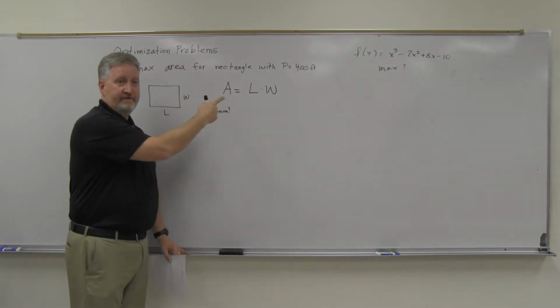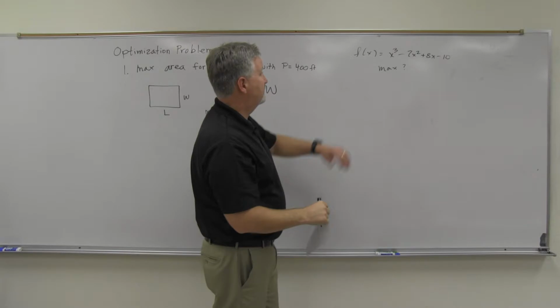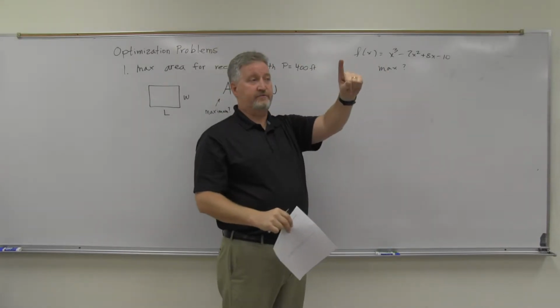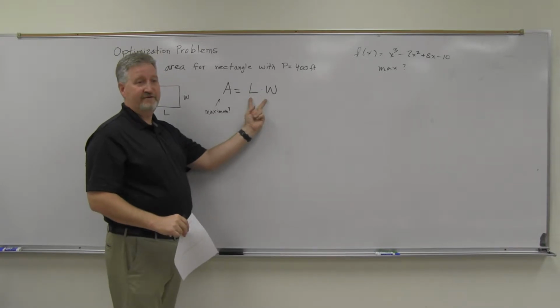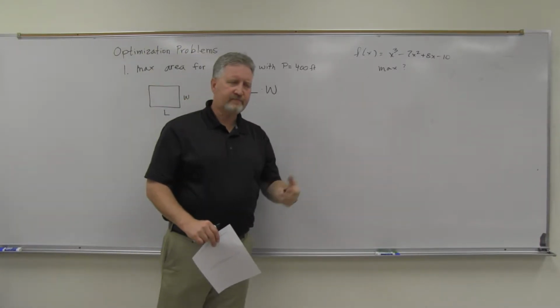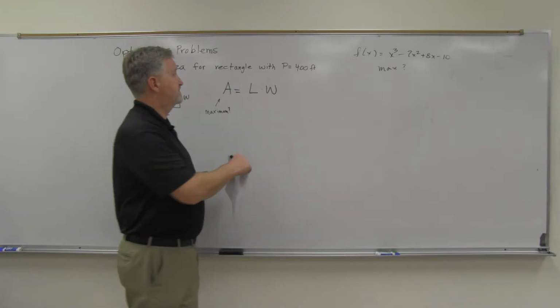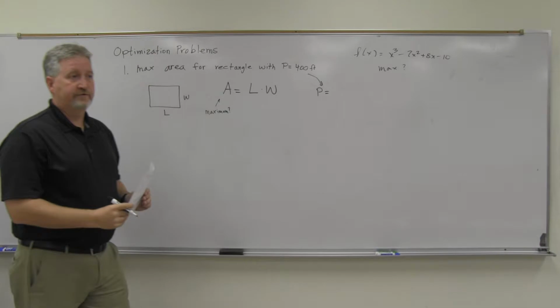Now the problem is I just know right now how to do critical numbers with one variable functions. In this particular case, I've got a two variable function, and that's kind of messing me up for the time being. And so that's why I'm saying there's usually a second equation that you use, and in this case, it's the perimeter equation, the perimeter of a rectangle.